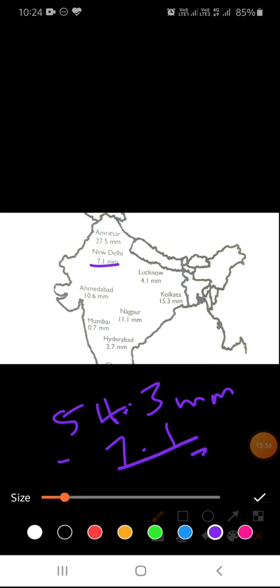Similarly you do the subtraction and you will get your answer. So it is a difference of 47.2 between Srinagar and Delhi.